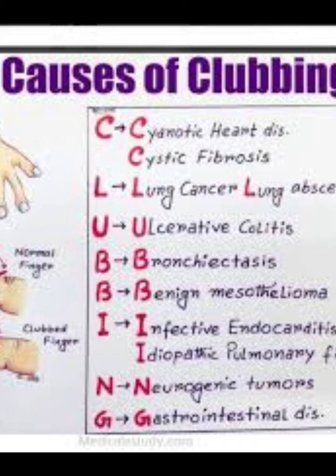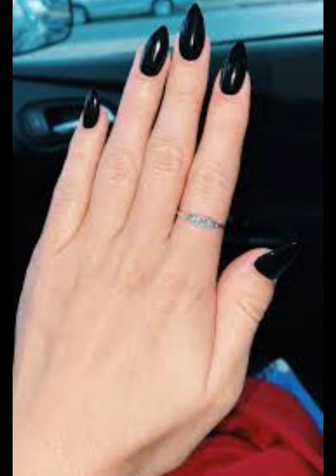But this is the mnemonic in which the C stands for cyanotic heart diseases and cystic fibrosis, L for lung cancer and lung abscess, U for ulcerative colitis, B for bronchiectasis, and another B for benign mesothelioma, I for infective endocarditis and idiopathic pulmonary fibrosis, N for neurogenic tumors, and G for different gastrointestinal diseases. So again, I would say to remember only two or three causes.